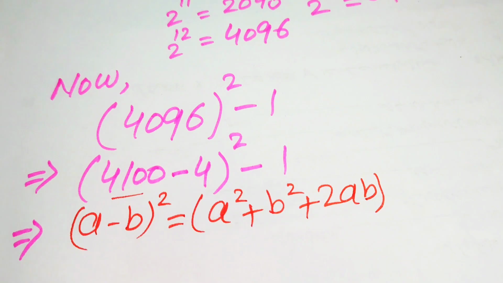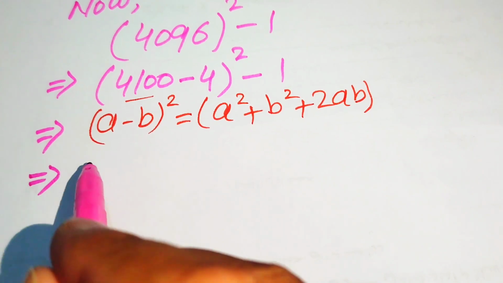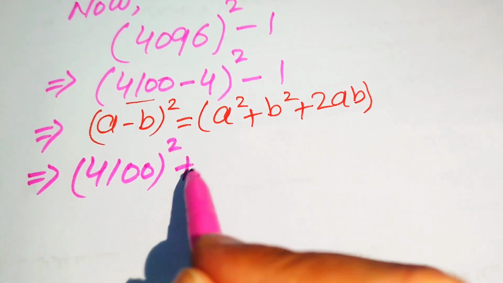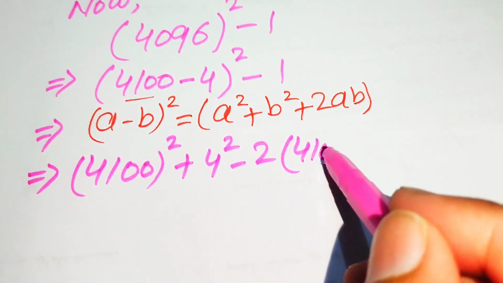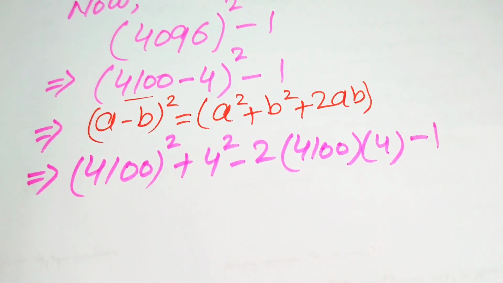After applying this formula, our first factor will be written in this form: 4100 whole square plus 4 square minus 2 times 4100 times 4, and this is our minus 1.